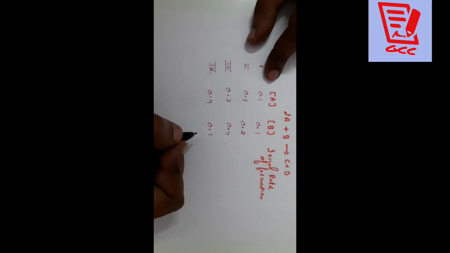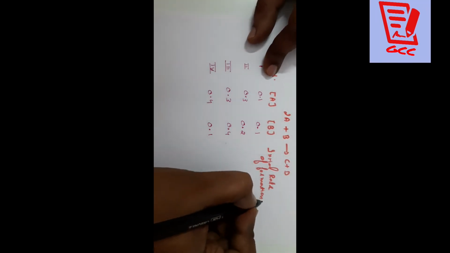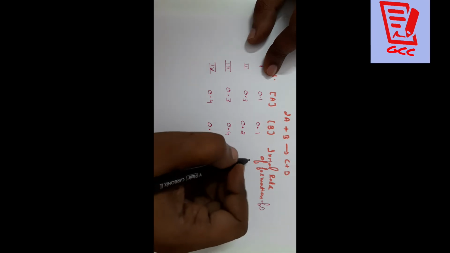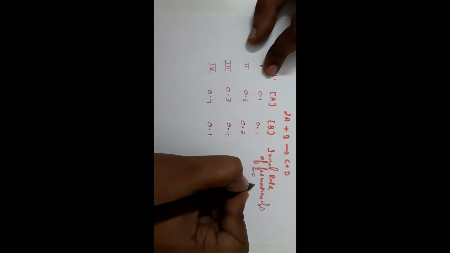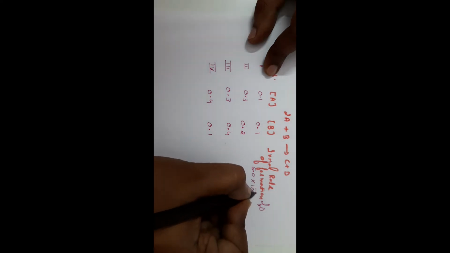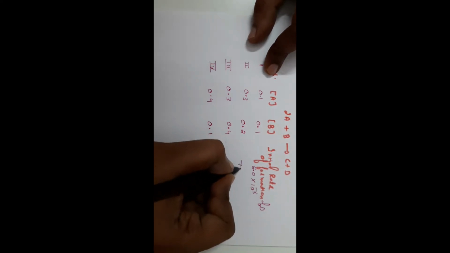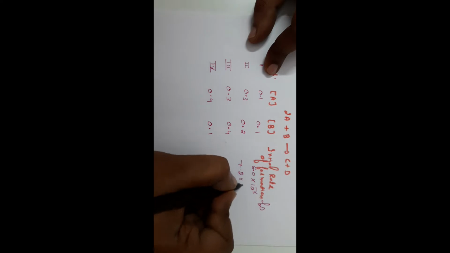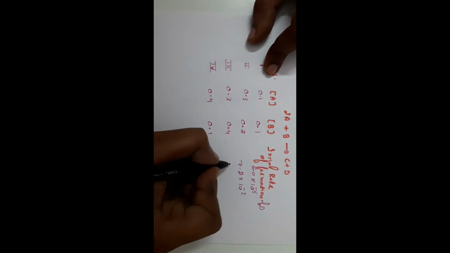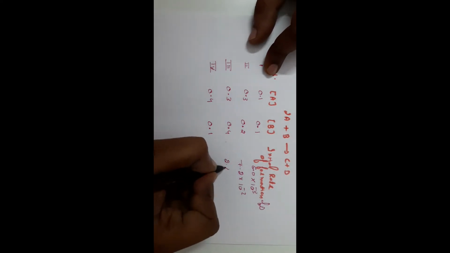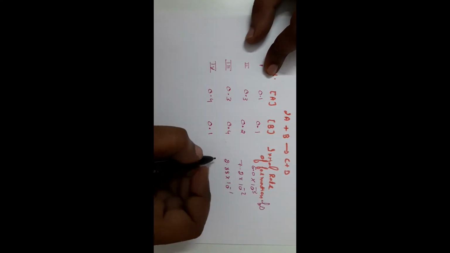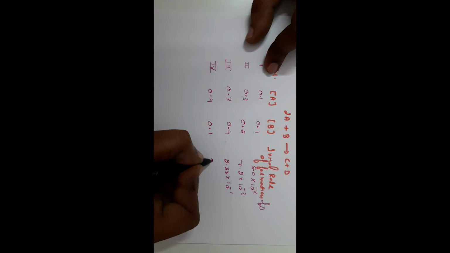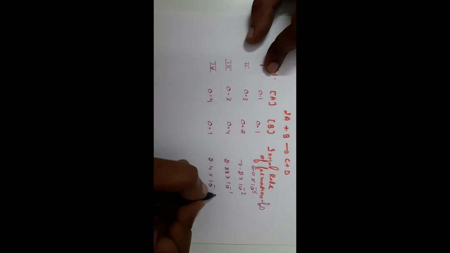Then the initial rate of formation of D: 6.0 into 10 raised to power minus 3, 7.2 into 10 raised to power minus 2, 2.88 into 10 raised to power minus 1, and 2.4 into 10 raised to power minus 2.